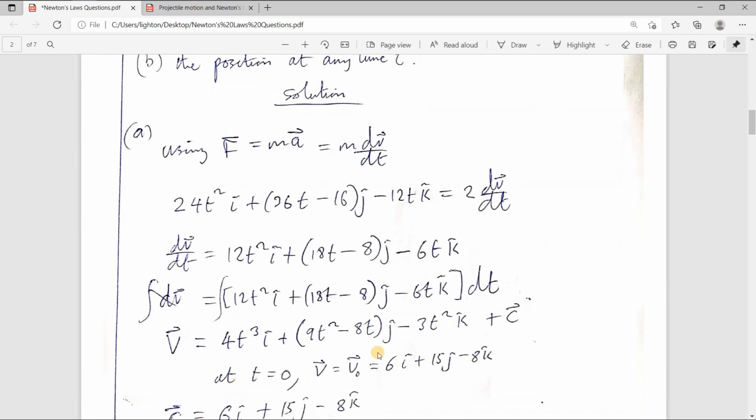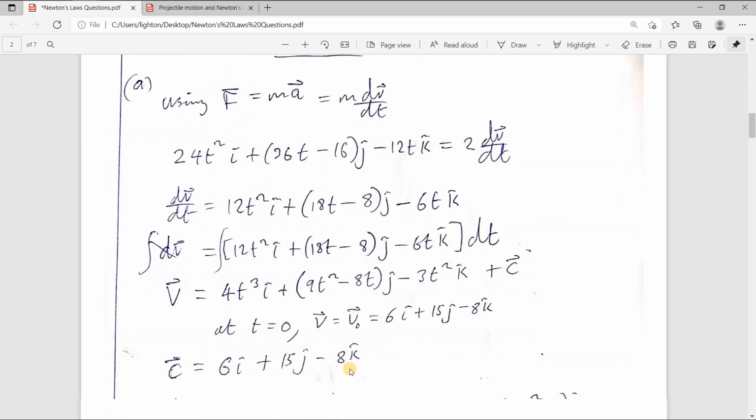Now, when you substitute these initial conditions into this equation, when you put t equals 0 in this expression, this whole part will vanish to 0 because t is 0. And our v, which is v naught, will just be 6i plus 15j minus 8k, which will just be equal to this c. That's why we have c equals 6i plus 15j minus 8k.